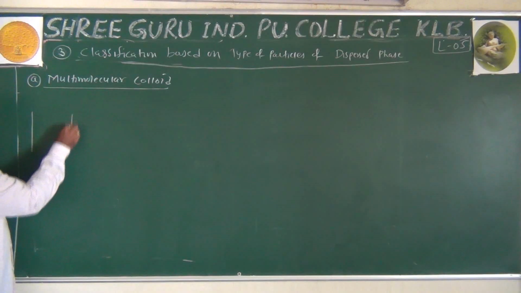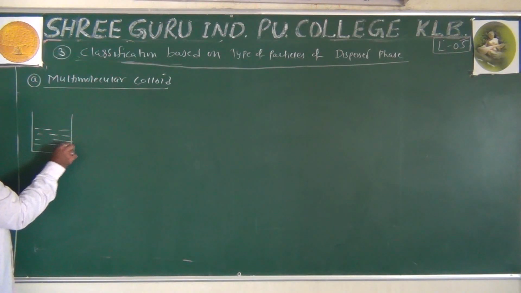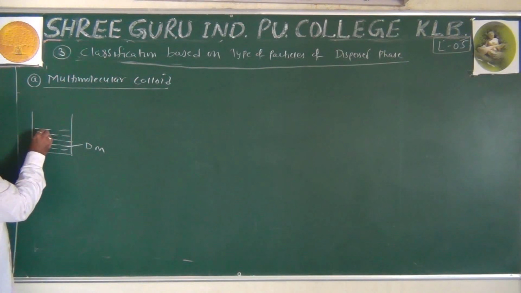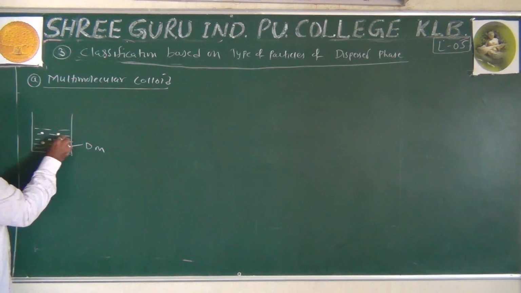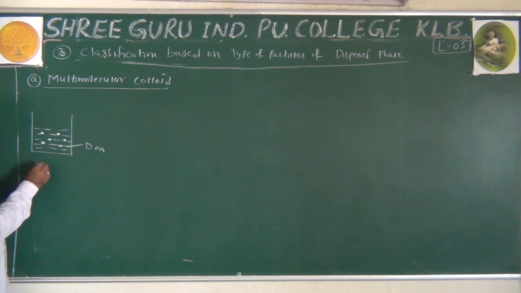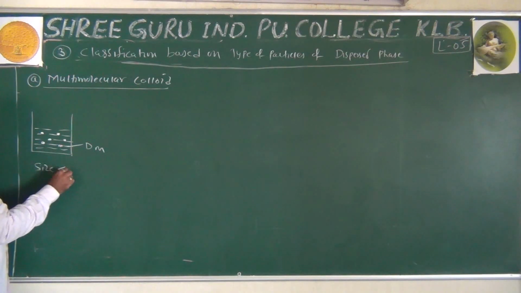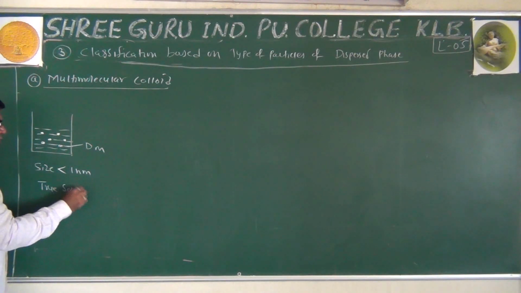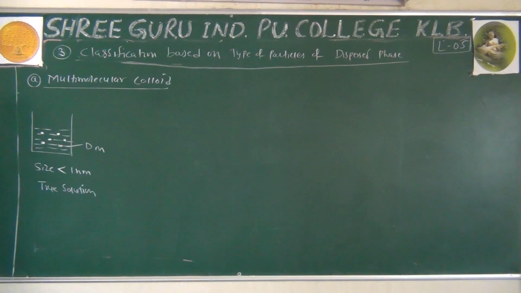Now see this arrangement here. We have this dispersion medium, and in that these are the small particles, and they are having the size less than 1 nanometer. That's why this is called a solution, or we call it a true solution.